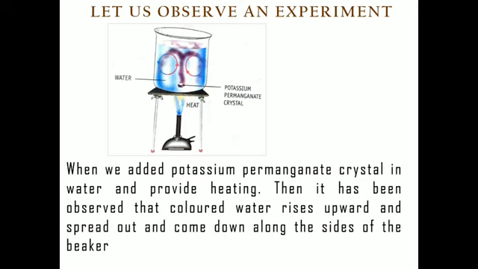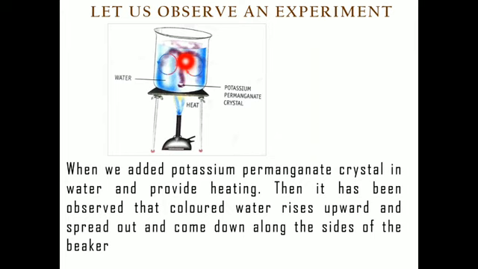I will tell you the reason later on. The potassium permanganate crystal dissolves in the hot water, and the hot water rises up. So the colored water rises up and you can see it going up.